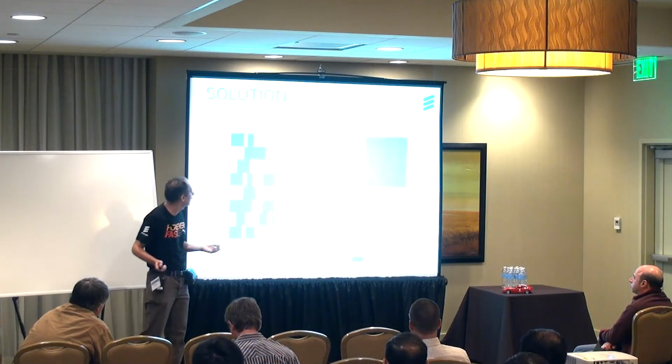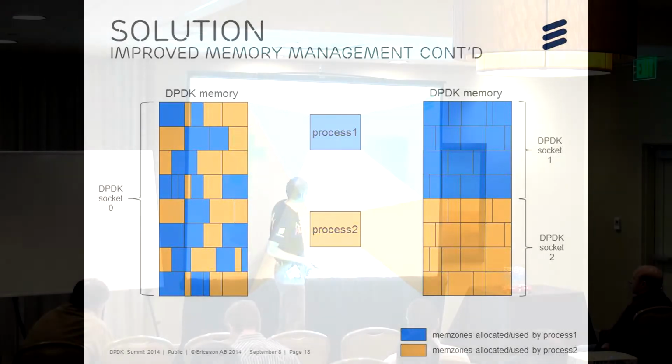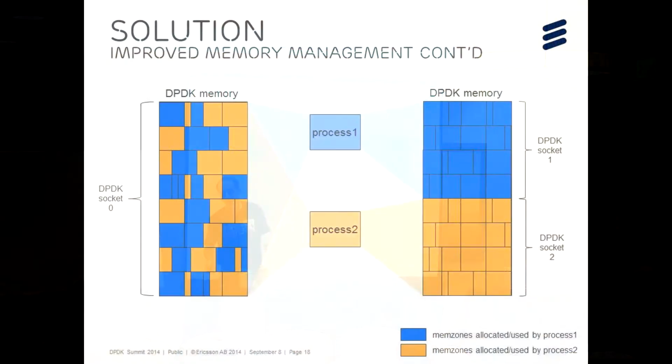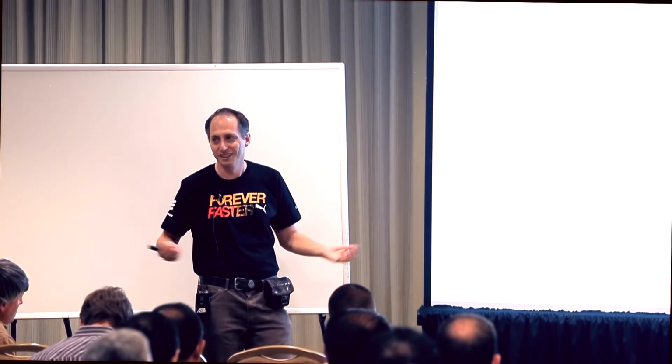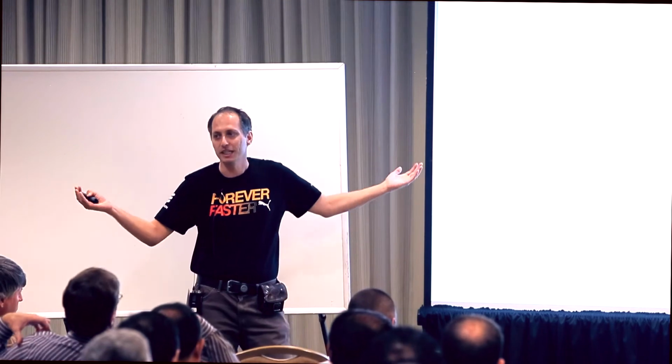And this is our mapping. With our mapping, we can make sure that every process, if this is the private memory of this process, and that's the private memory of the other process, is always using its own DPDK sockets. These are the DPDK sockets, and this is the trick we did on DPDK. We made DPDK a multi-socket version. Even on a single socket machine, DPDK will see multiple sockets.